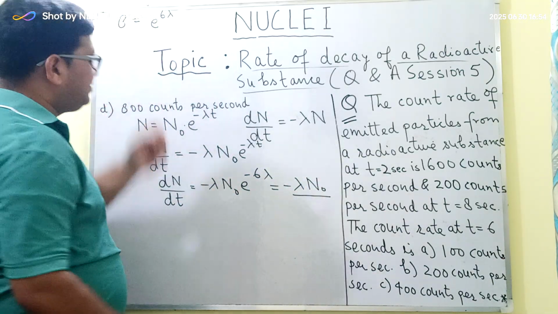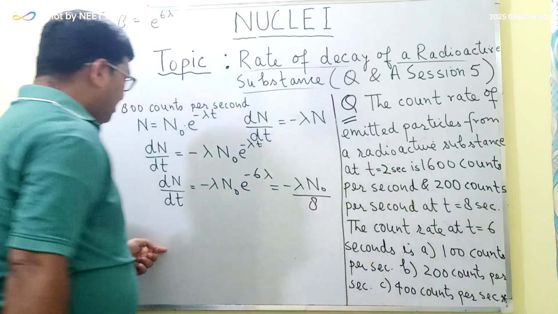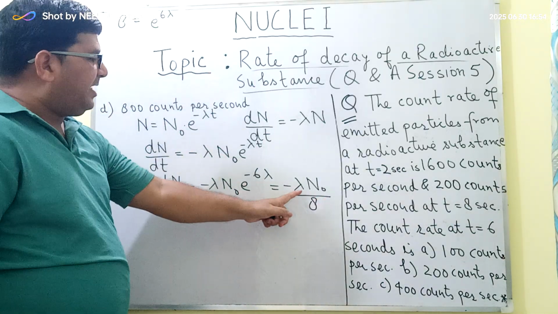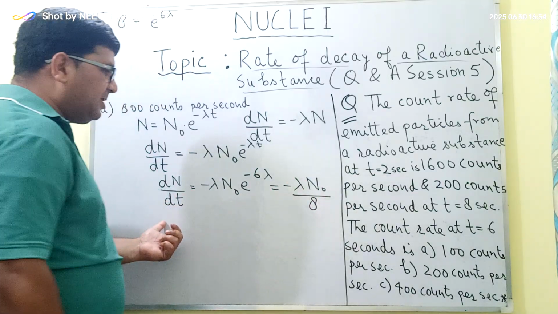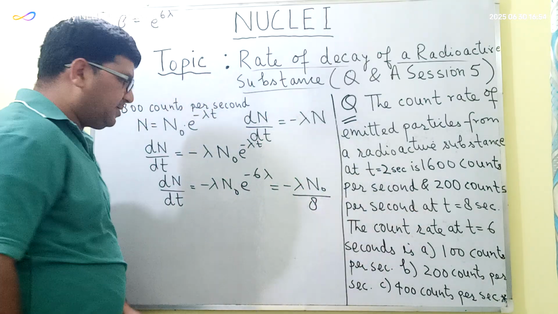Now e to the power 6 lambda is equal to 8. So I have to only find the value of lambda N naught, and if I am able to find this value, I will get the count rate at t equal to 6 seconds.